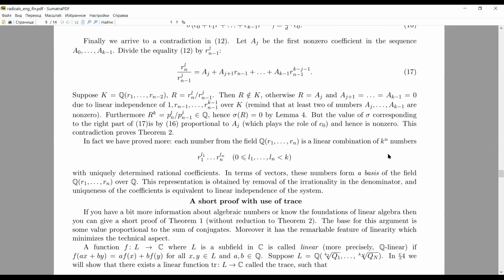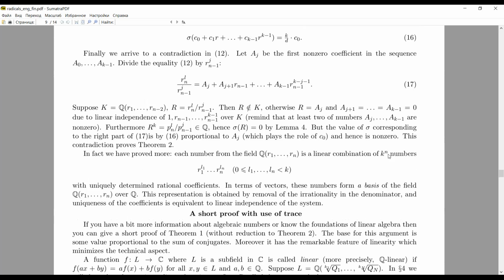So we denote by k the field obtained from Q by adjoining the n minus 2 previous radicals.